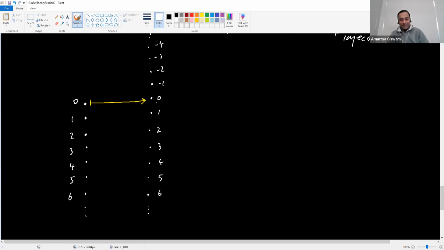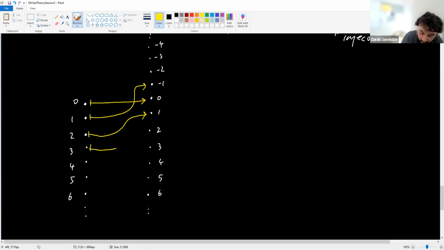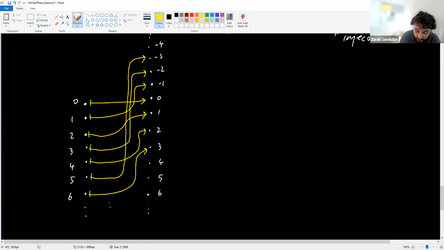So we can map 0 to 0, then 1 to -1, then 2 to 1, then 3 to -2, then 4 to 2, then 5 to -3, then 6 to 3, and it goes on like this, and we will never run out on this side.